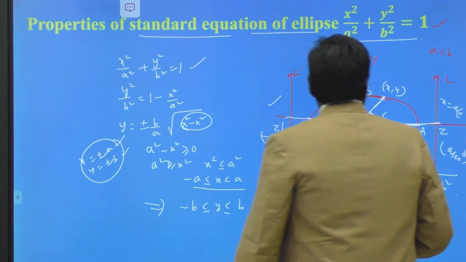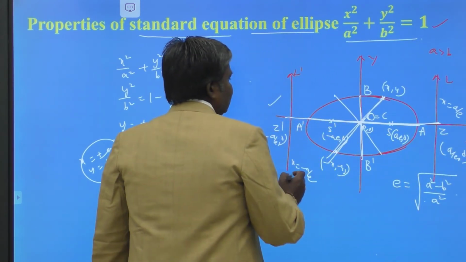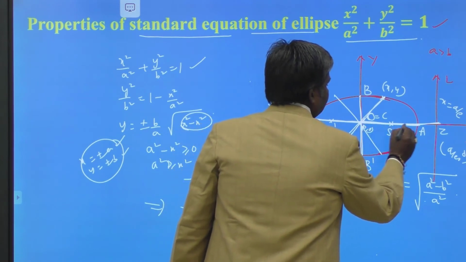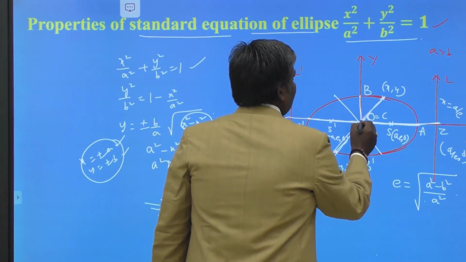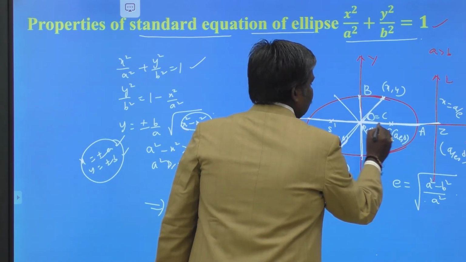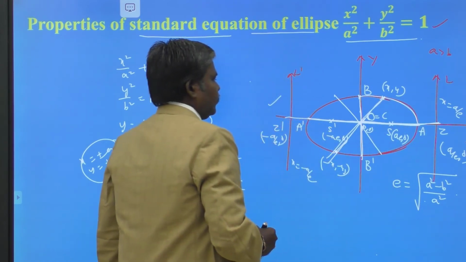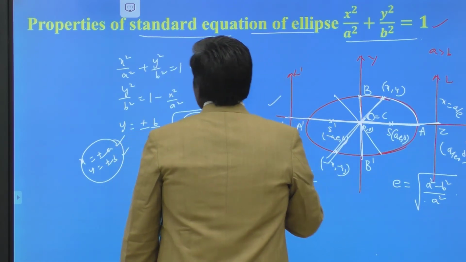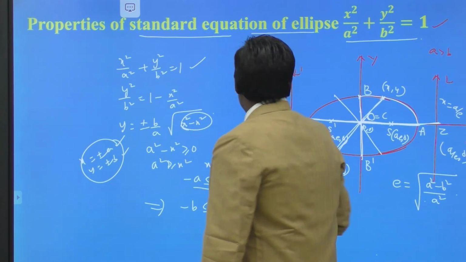Moreover, as x increases from 0 to a, the value of y decreases from b to 0. It is decreasing from here to here. Because when x is equal to 0, y is equal to plus or minus b.